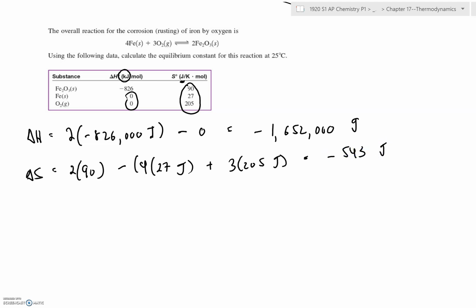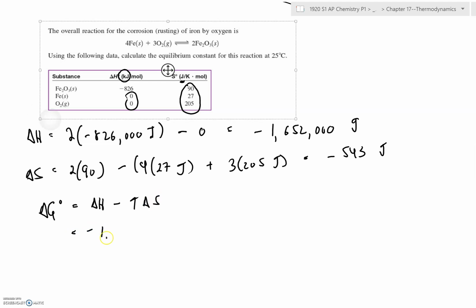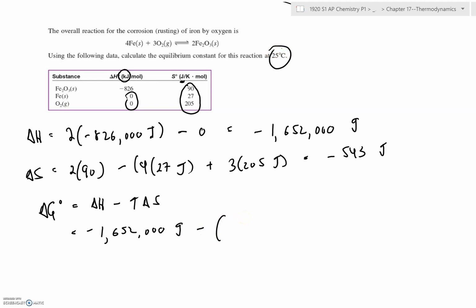All right, well, here's how we calculate delta G from these data. Delta G equals delta H minus T delta S. We got everything into joules like good little scouts, so that's negative 1,652,000 joules minus the quantity. We're at 25 degrees Celsius, so that's 298 kelvins times negative 543 joules.